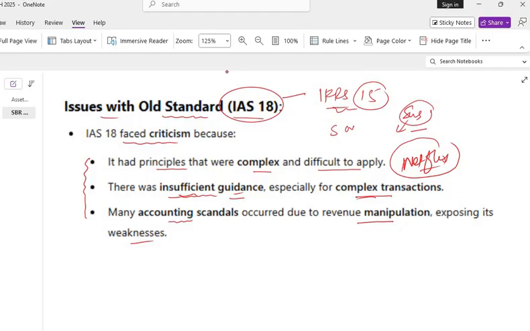The third one is that IAS 18 allowed room for manipulation of revenue, leading to accounting scandals. For example, a company might recognize revenue earlier for a service to inflate profit, even though the service isn't fully delivered.